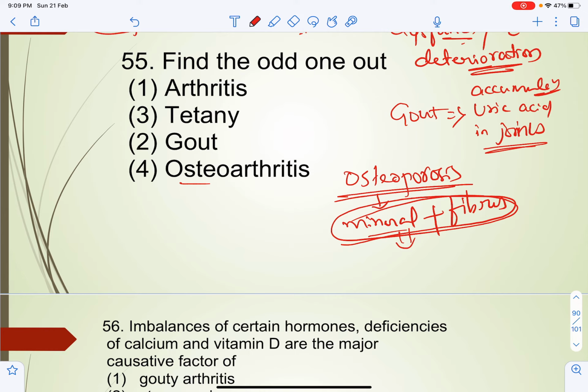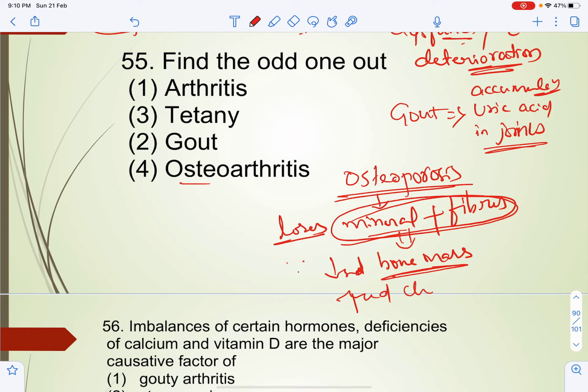Osteoporosis, where bone loses minerals and fibers. Because of that, bone mass decreases, and if bone mass decreases, there are increased chances of fracture.